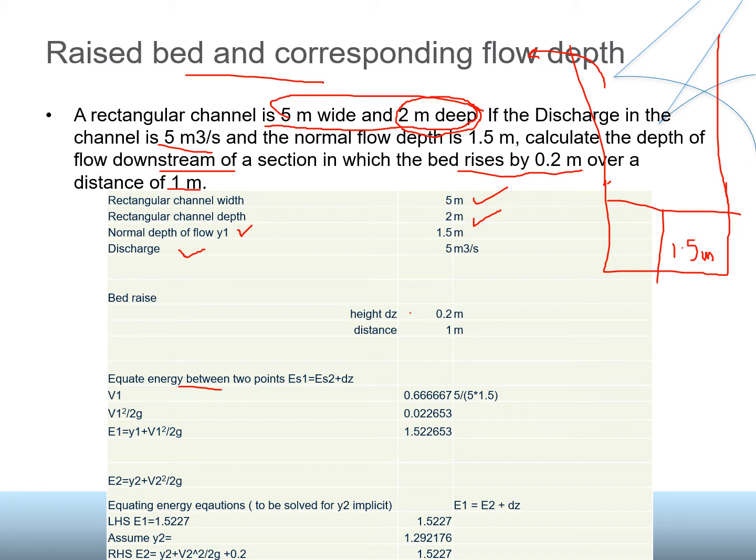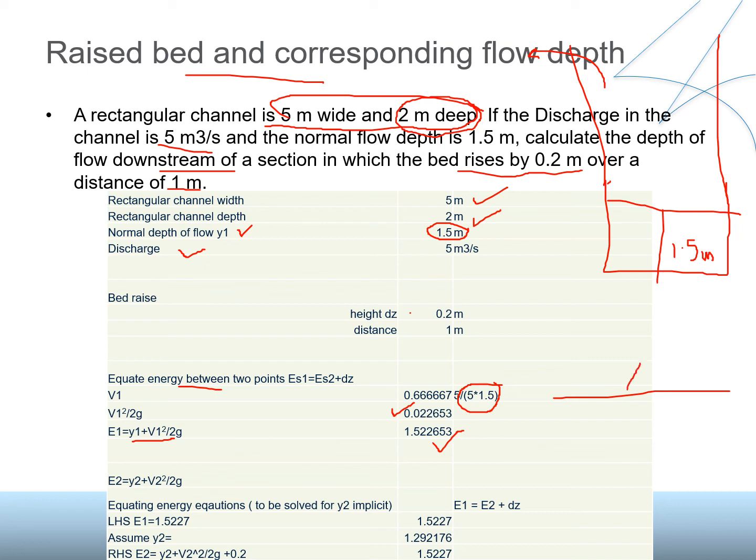First, we need to find the energy at upstream. So energy is y1 plus v1 square by 2g, and velocity is discharge divided by area, right? And velocity head is v1 square by 2g, and if you add that to the depth of water, we get energy upstream. Now energy upstream should be the same as energy downstream plus the raised bed, right?